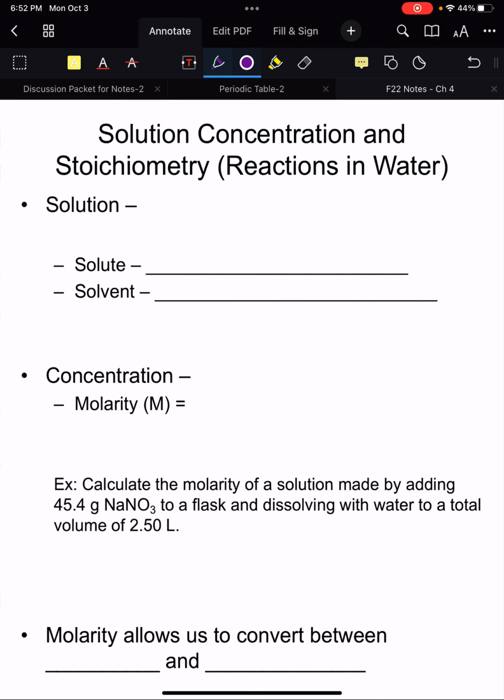So a solution is a homogeneous mixture of two substances. Whenever we make the mixture, we're always taking a solute and dissolving it in a solvent. That's also how you know it's a solution: something dissolved in the solvent.